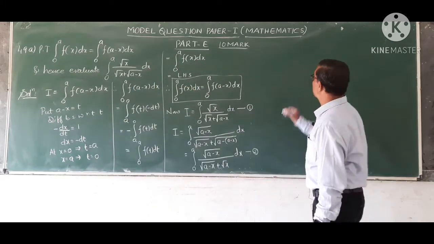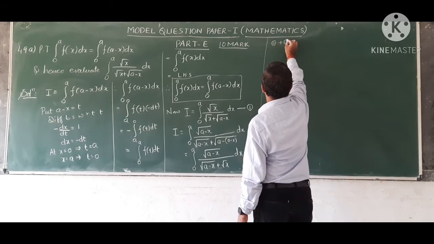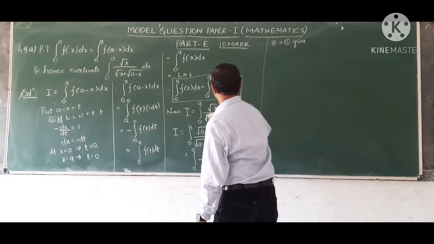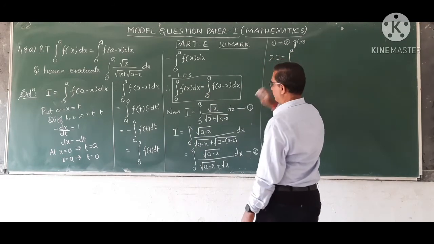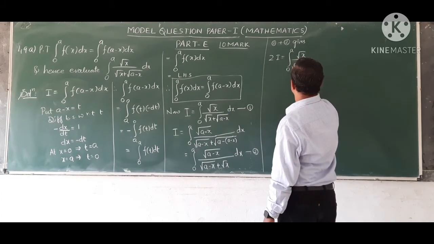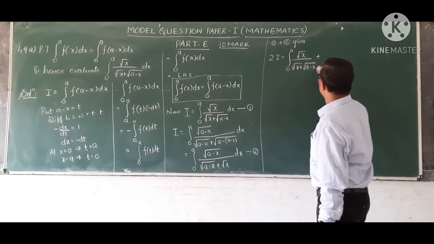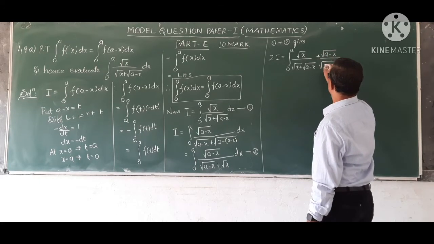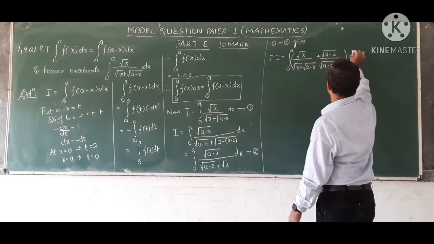Now add these two equations. Equation 1 plus 2 gives, see what happened, I plus I, that is 2I is equal to integral from 0 to a of equation 1, root x divided by root x plus root a minus x, plus equation 2, root of a minus x by root of a minus x plus root x, with respect to x.